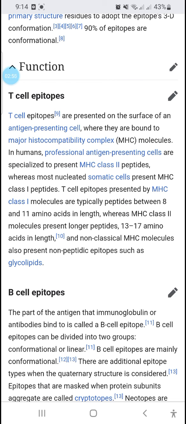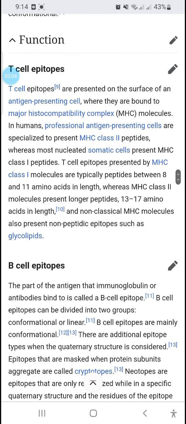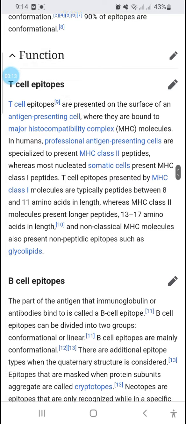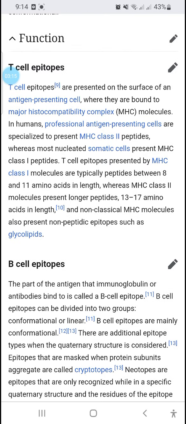In humans, professional antigen presenting cells are specialized to present MHC class II peptides, whereas most nucleated somatic cells present MHC class I peptides. T cell epitopes presented by MHC class I molecules are typically peptides between 8 and 11 amino acids in length, whereas MHC class II molecules present longer peptides, 13 to 17 amino acids in length.